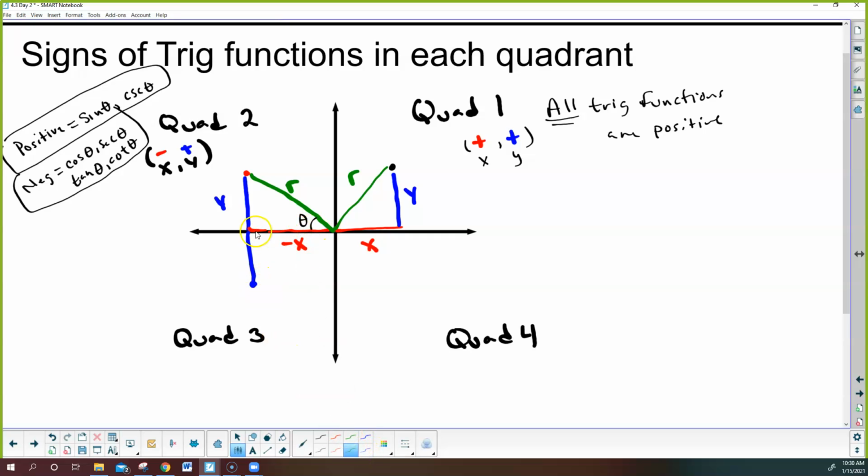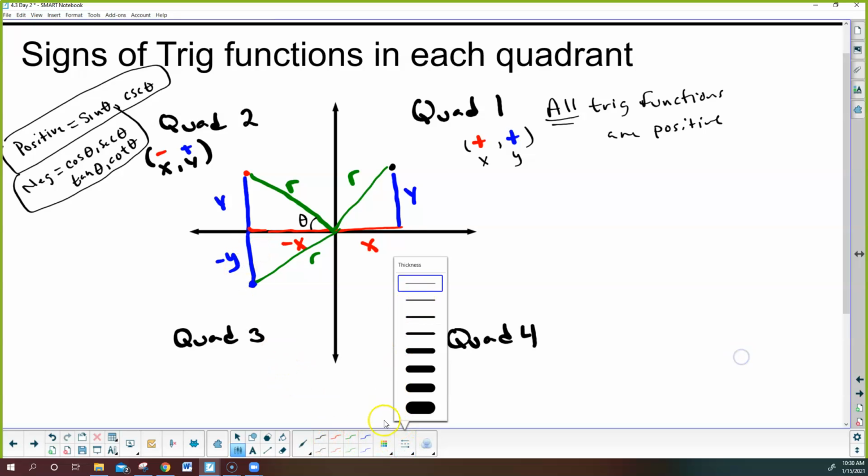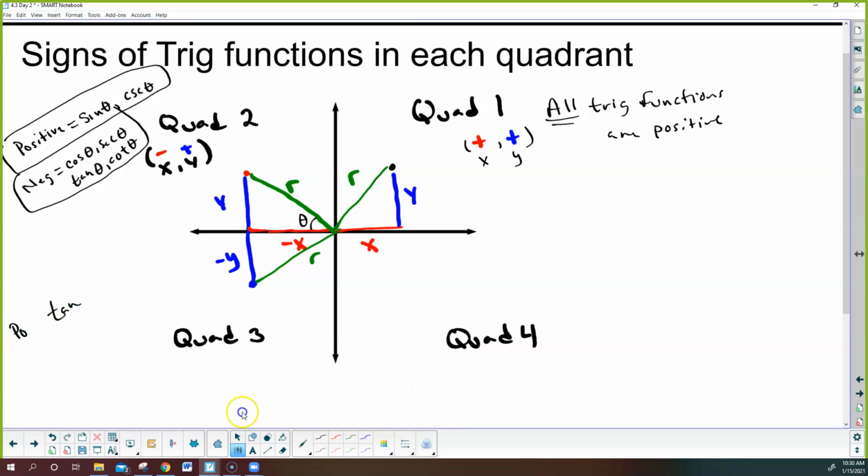We still have a negative x because we're going over and down, and my radius is always positive, but the y value becomes negative here. So now anything that has both x and y combined, I would have like negative x over negative y. Well, that's a positive. So anything that has both x's and y's, which is tangent and its reciprocal, so tangent will be positive because it's opposite over adjacent, and that's a negative over a negative. So therefore, its reciprocal will be positive.